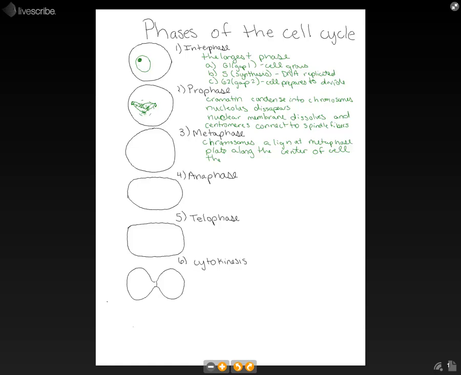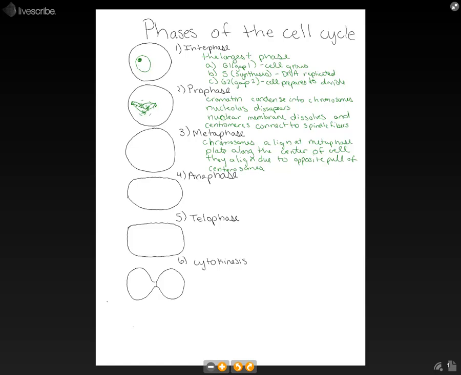And they align due to opposite poles of centrosomes. Okay.